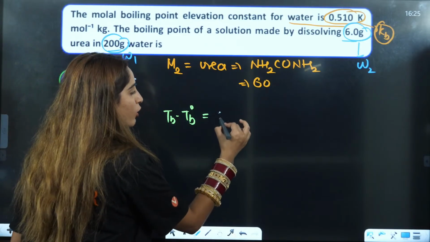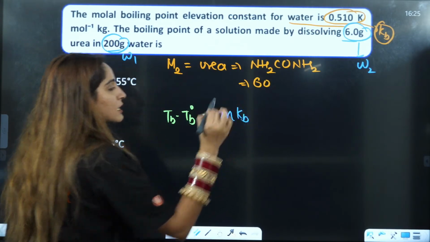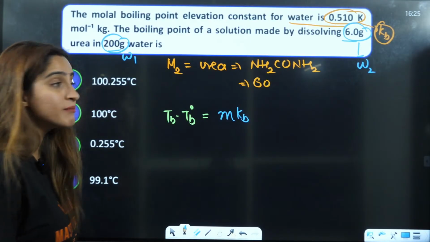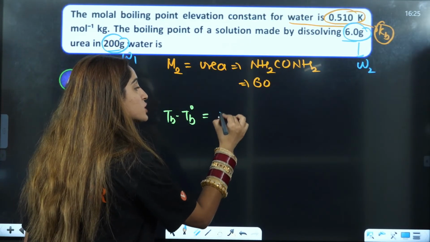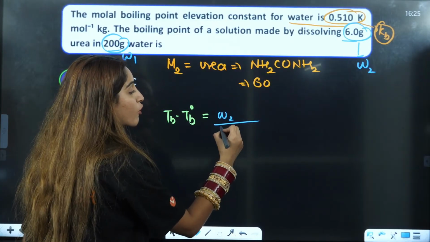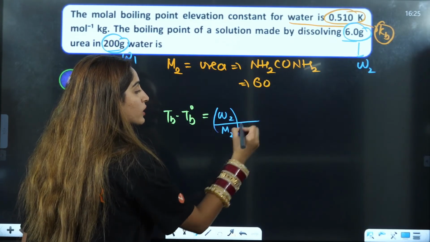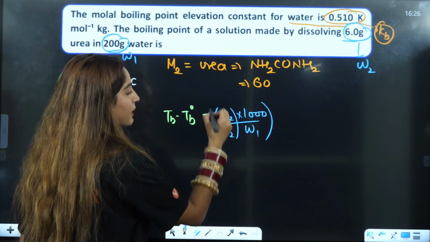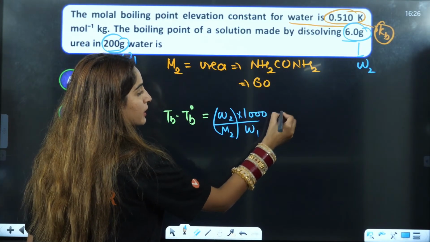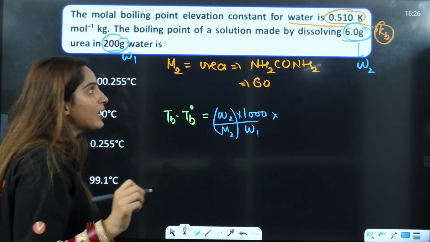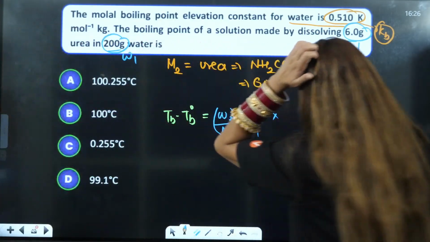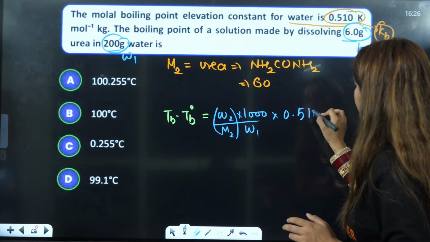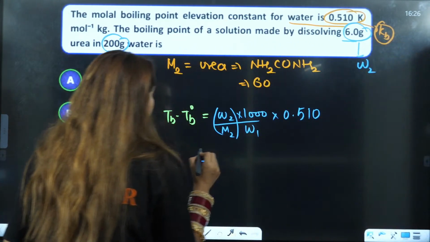So we don't need to write the Van't Hoff factor. This will be m into Kb. What is m? m is molality. Molality is the number of moles of solute divided by weight of solvent. If it is in gram, this will be multiplied by 1000, then multiplied by Kb, that is given to be 0.510.